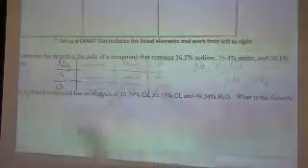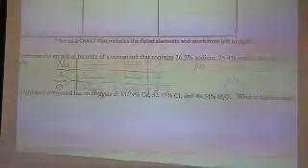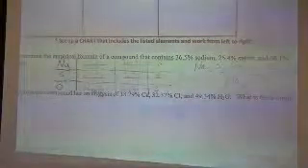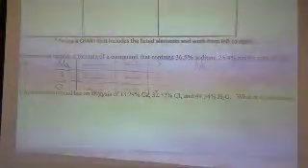What if they give you a percentage like this problem? It says, determine the empirical formula of a compound that contains 36.5% sodium, 25.4% sulfur, and 38.1% oxygen. This is tougher. Here's how you do it. I want you to set up a little chart like this.